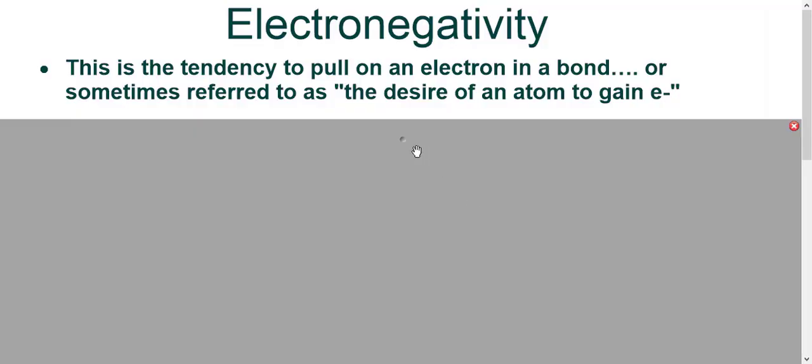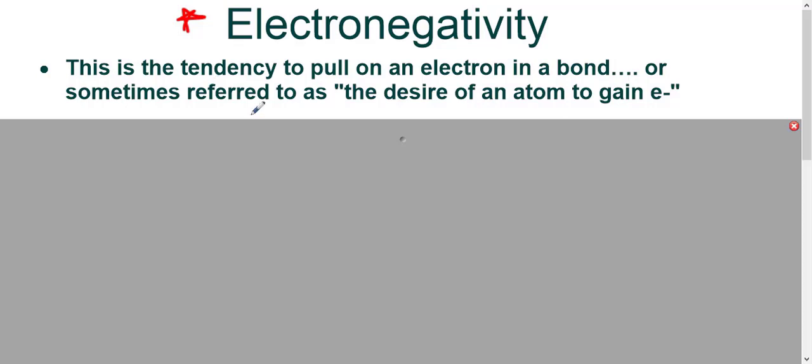Our last trend is going to be electronegativity. This is probably the one we'll come back to the most this year. It's going to explain a lot of other things in the following units this fall, but it has to do with the tendency to pull an electron in a bond, or how much the desire of an atom to gain an electron.